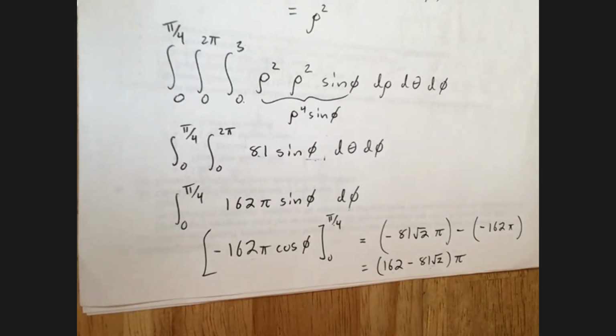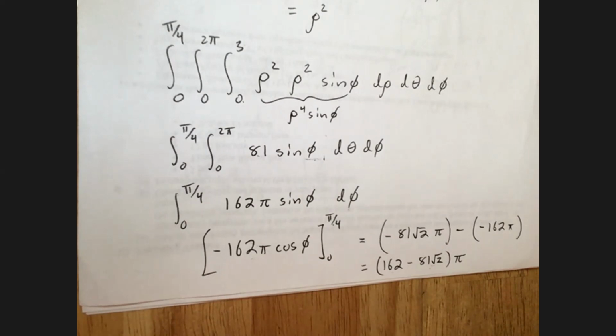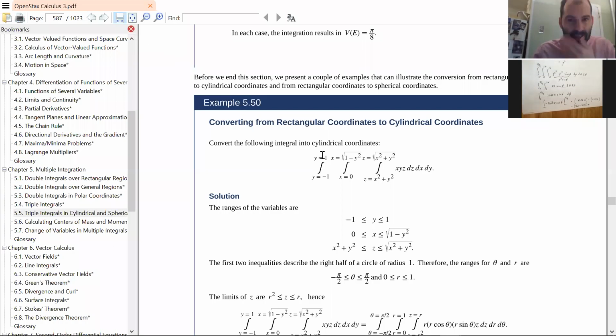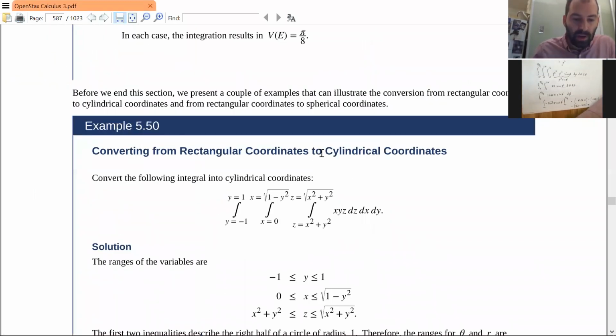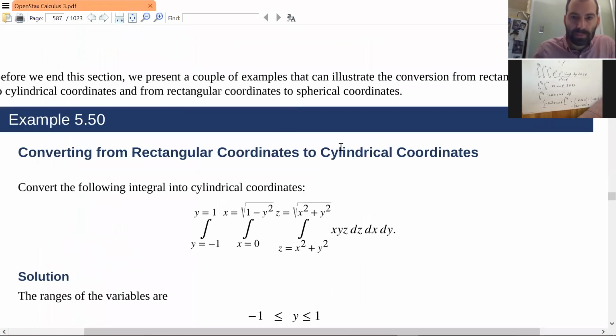I want to look at one more example. So I'm going to take us to our book, and we're going to look at this problem there. There's one other type of problem. You should be seeing the textbook now. Examples 5.50 and 5.51.